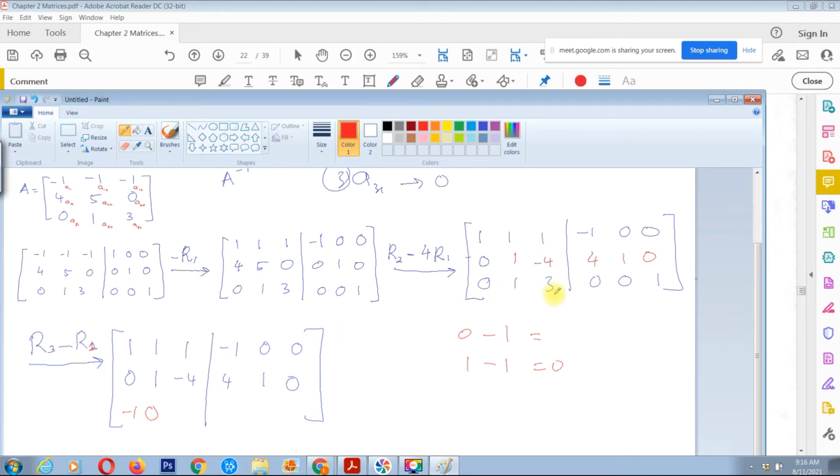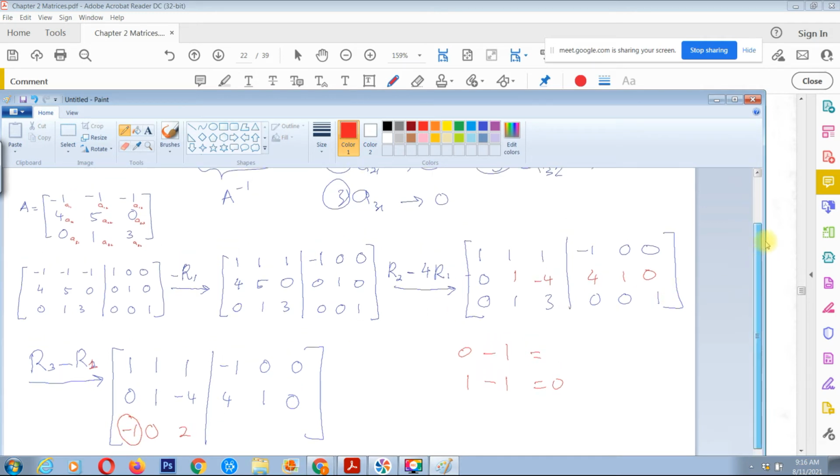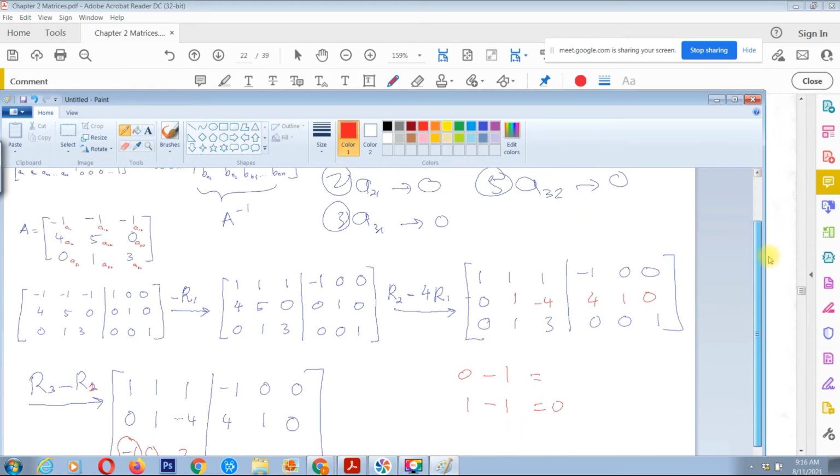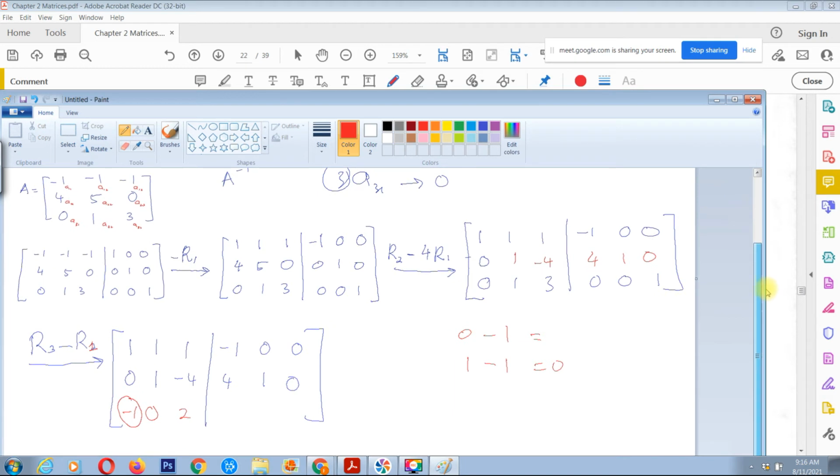But 3 minus 1 gives us 2, so the problem is we need to change this again. If R1 was 0, we should subtract by R1, not R2. It depends on what is the right number to make the solution.